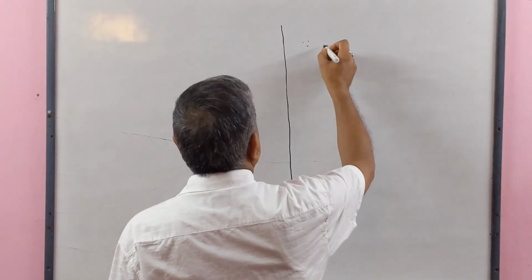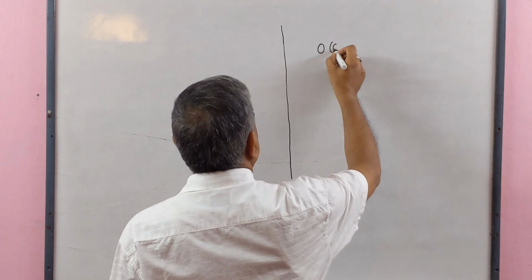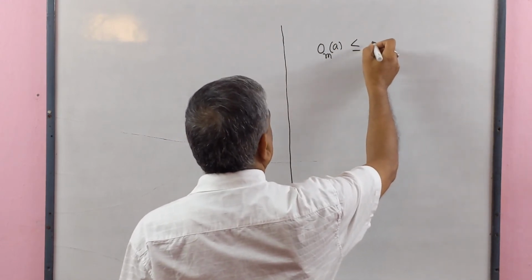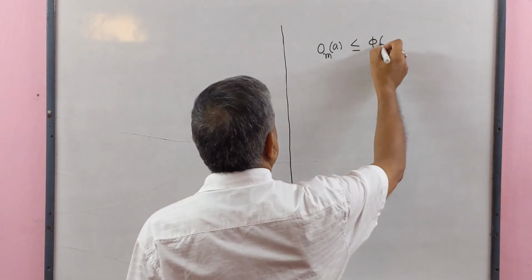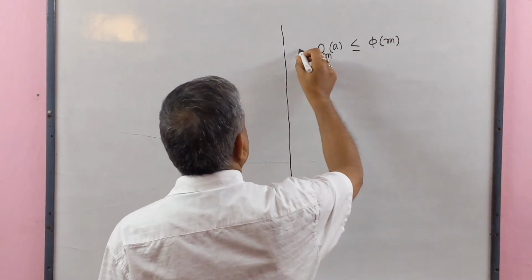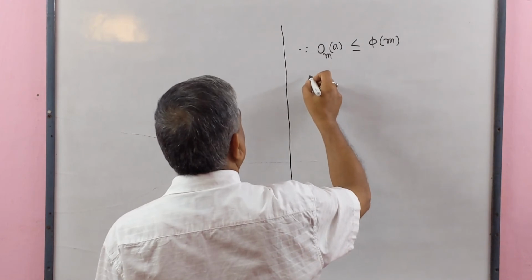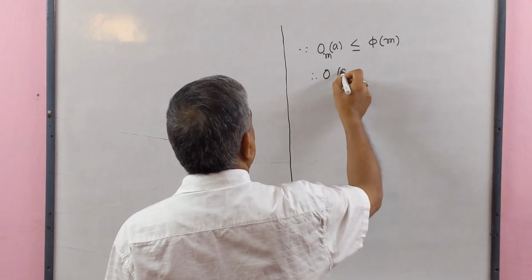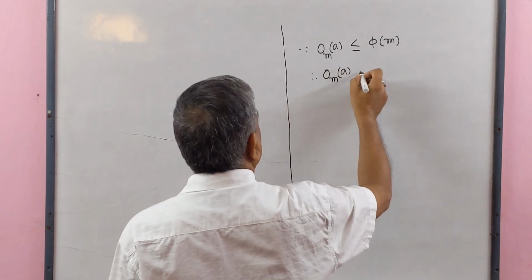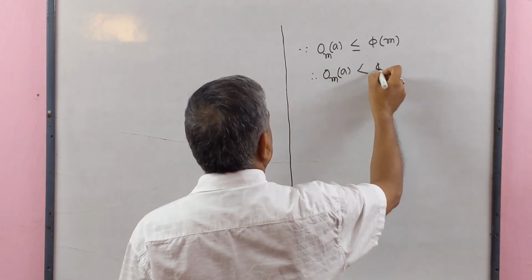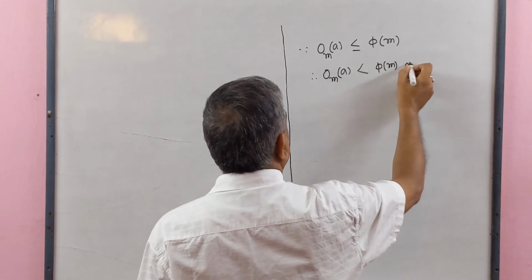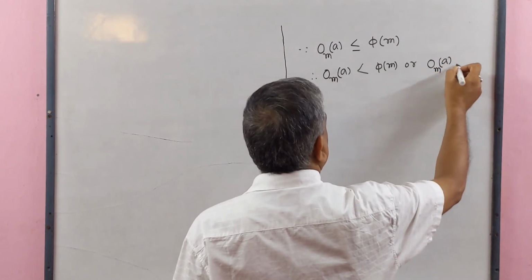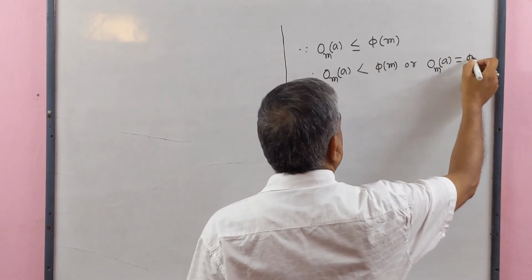Since order of a modulo m is less than or equal to Euler's phi function of m, therefore order of a modulo m is less than phi m, or order of a modulo m equal to phi m.